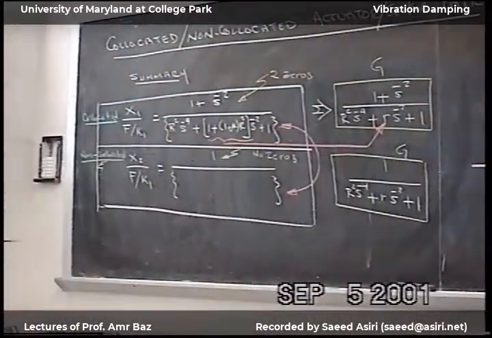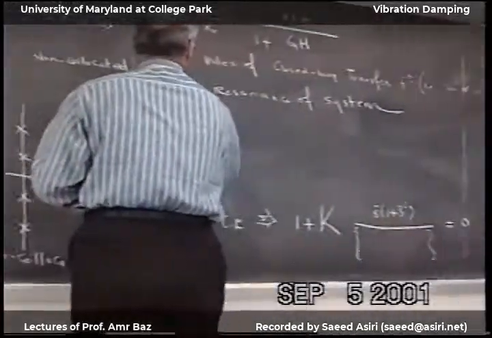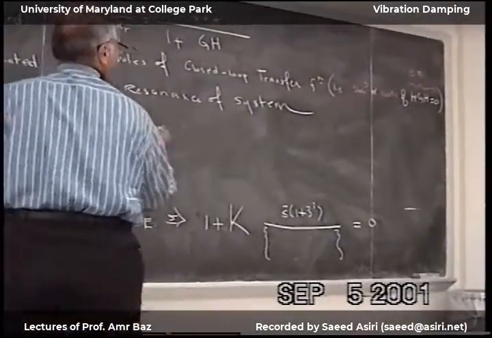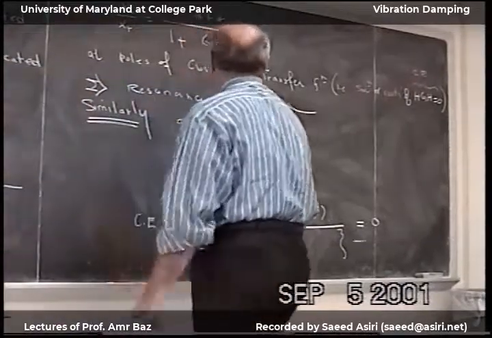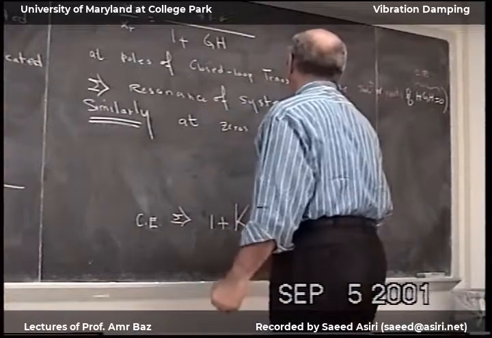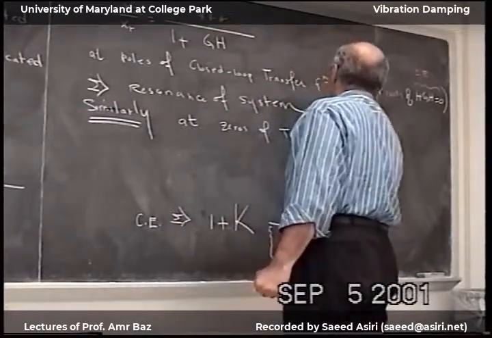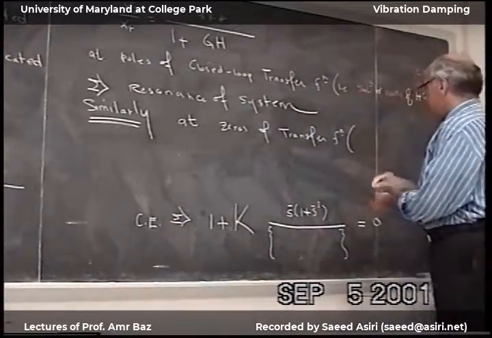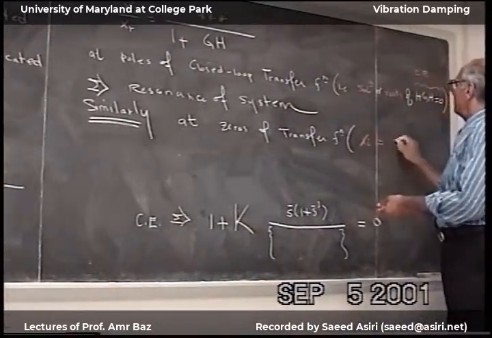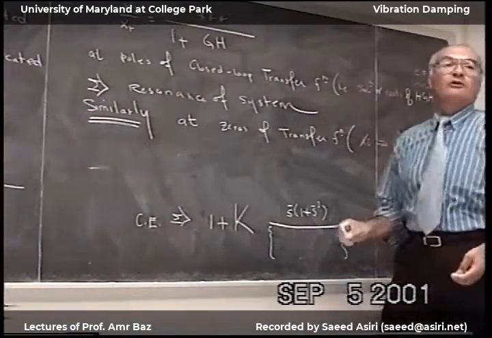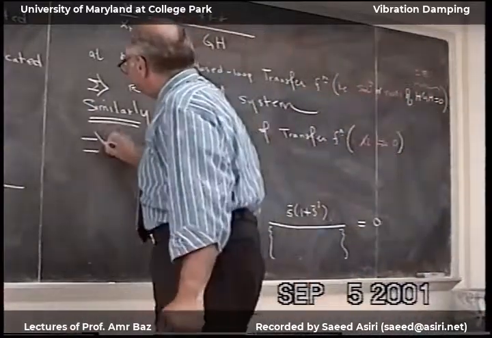So similarly here, at the zeros of the transfer function, xi will go to 0, and this will occur at the anti-resonances of the system.